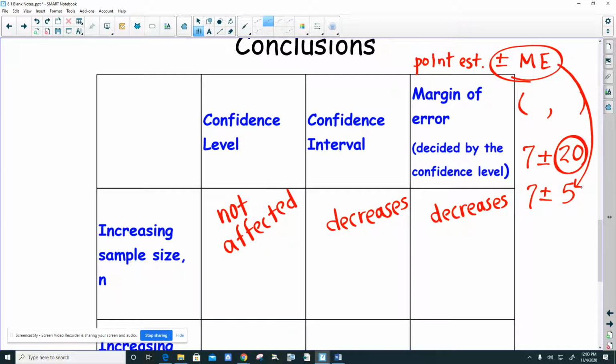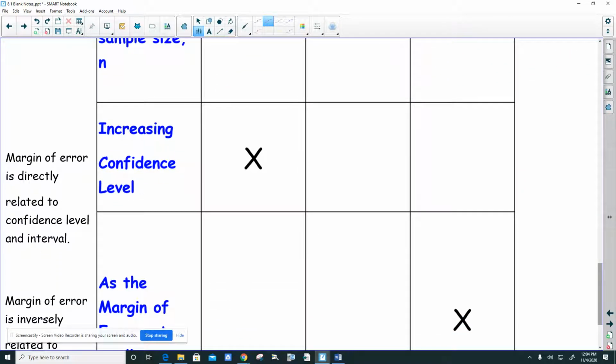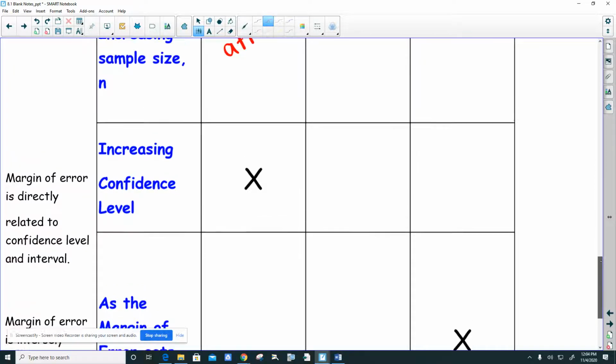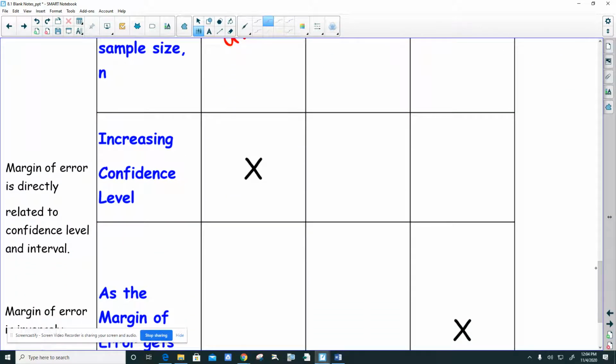All right, the next row is titled, as I increase the confidence level. What does that do? My middle column here is, how does that affect the interval? This is like when we were playing with going from 99 to 90 to 80.